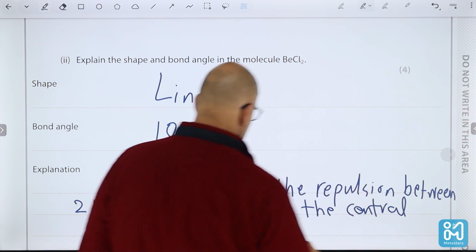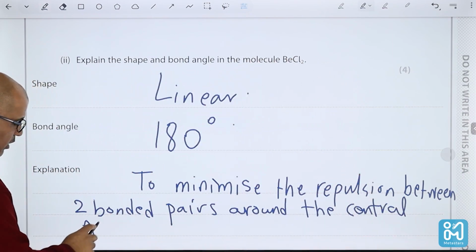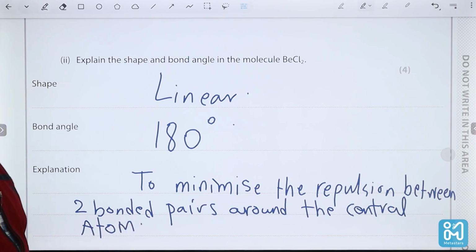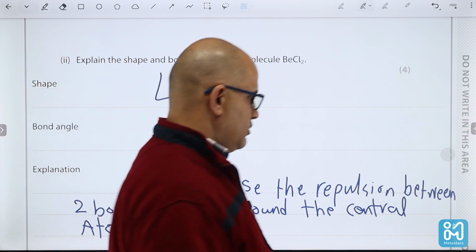Like that, we use the terms of VSEPR theory, valence shell electron pair repulsion theory.